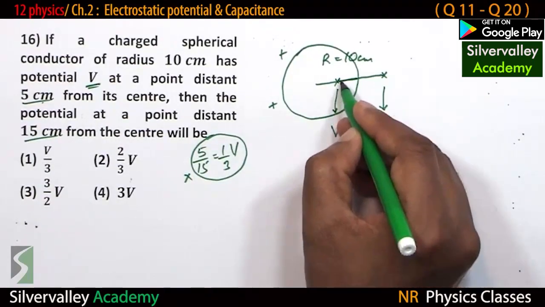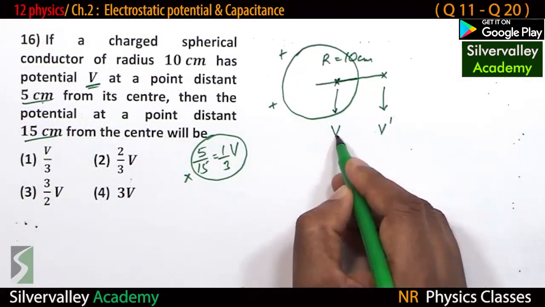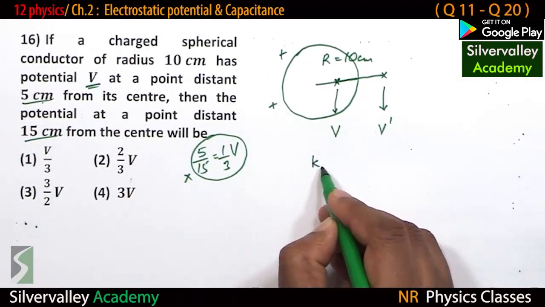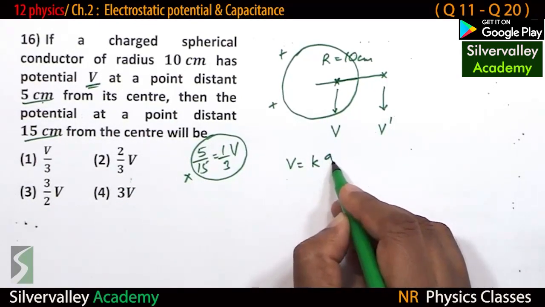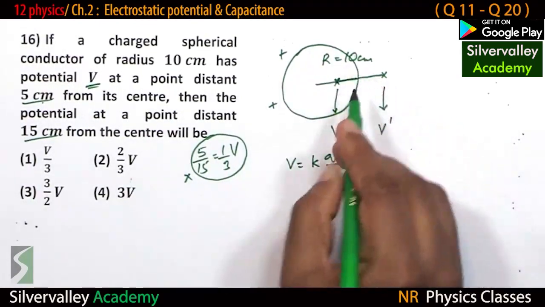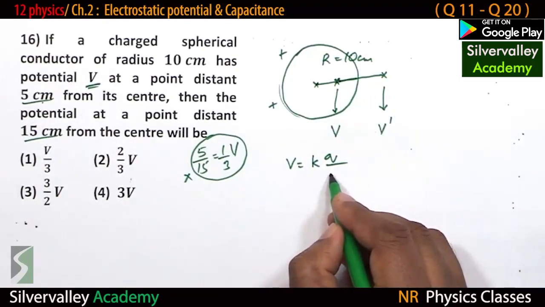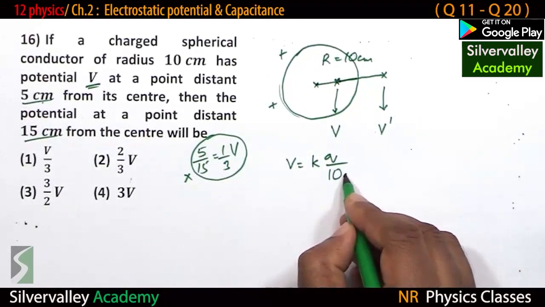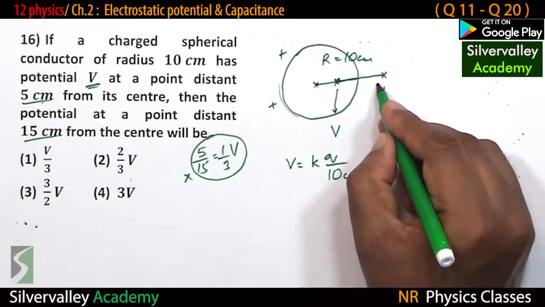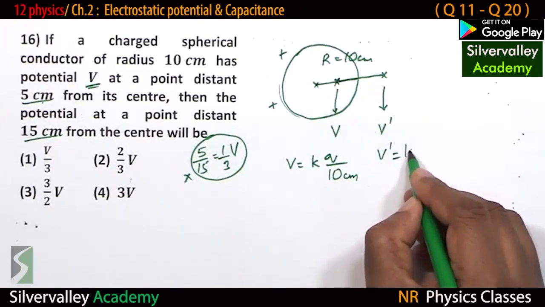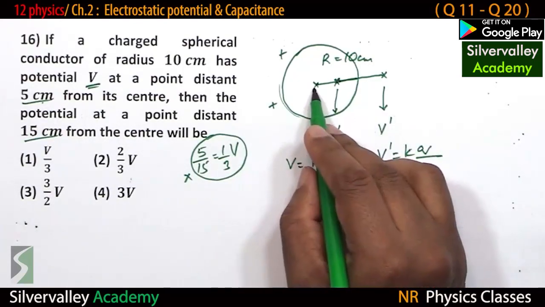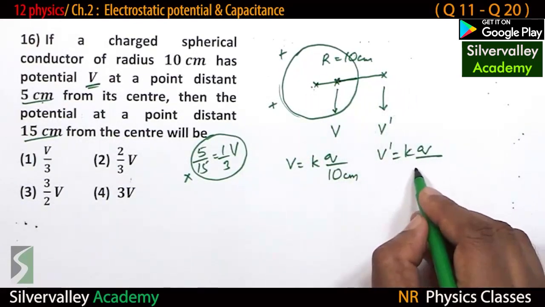What is V? Potential inside the sphere. So potential inside the sphere is constant times charge by radius of the sphere. It is not this distance, it is the total radius, which is 10 centimeter. Potential outside the sphere means constant times charge by distance. This distance is 15 centimeter.